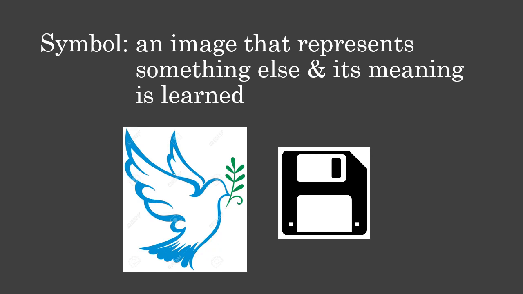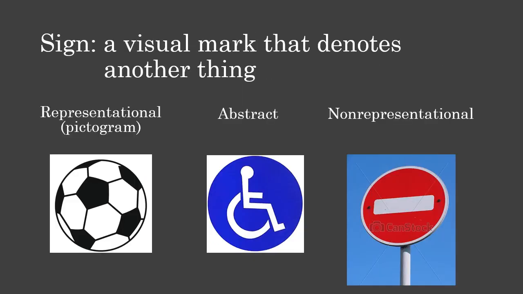And so again, symbols are images that represent something else, and their meaning is learned. That's really the key part of it, where you can't really guess the meaning of a symbol. You have to be told what the meaning of the symbol is. Versus a sign, just to reiterate, is a visual mark that denotes another thing.